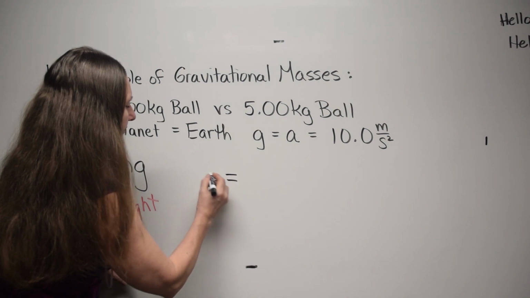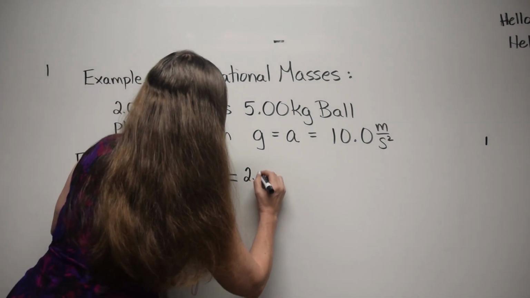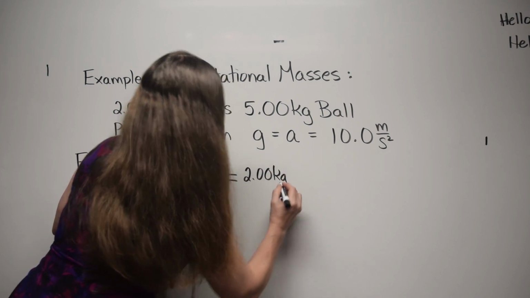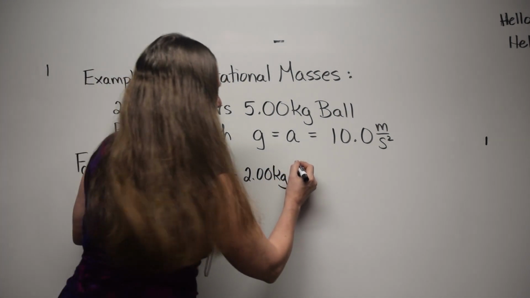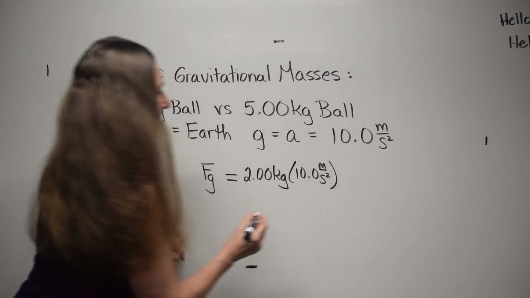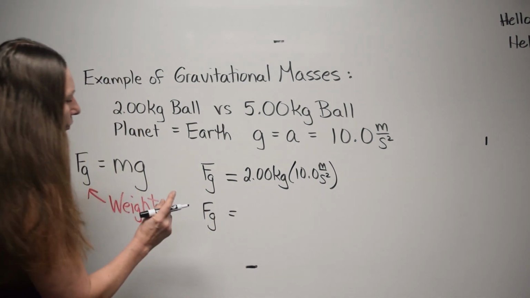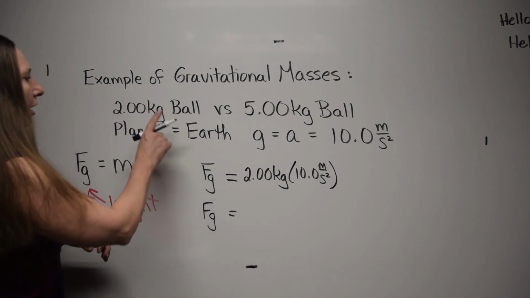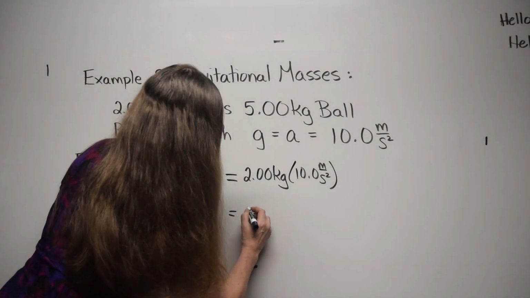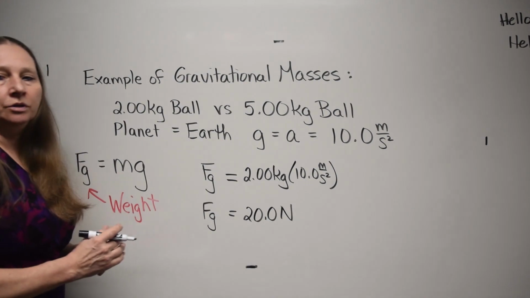All right, m for the first ball is 2 kilograms. g for the Earth is 10 meters per second squared. That means that the weight of the first ball is 20, and the unit is going to be newtons.